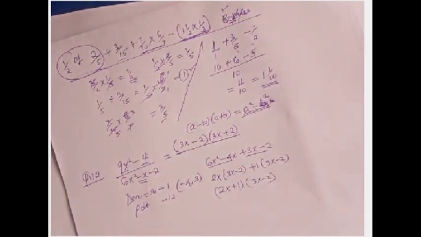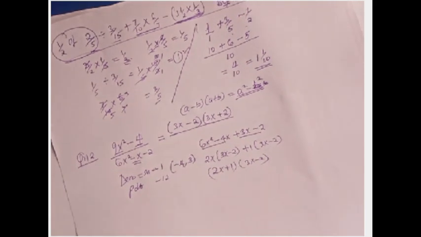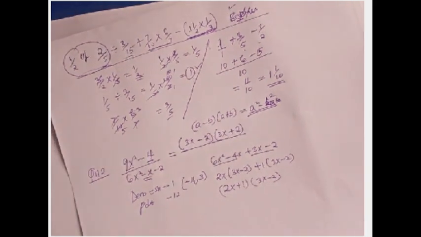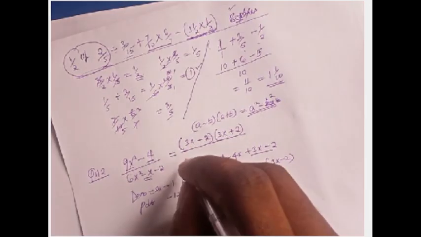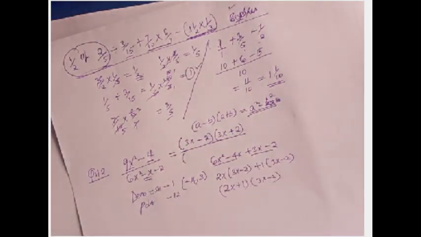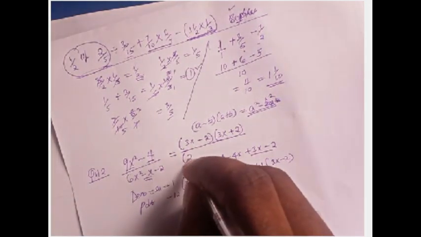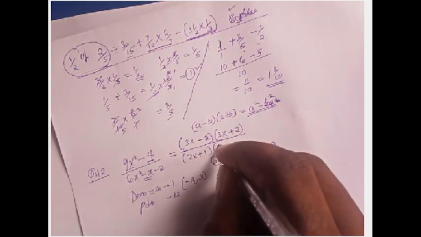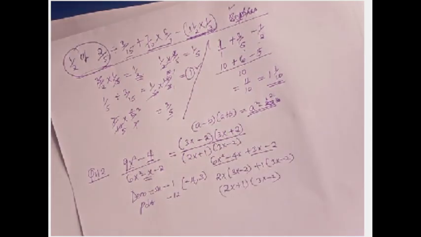This is the factor that we have. Now we want to combine the two, numerator divided by denominator. So we get back to where we simplified our numerator, 3x plus 2 and 3x minus 2.